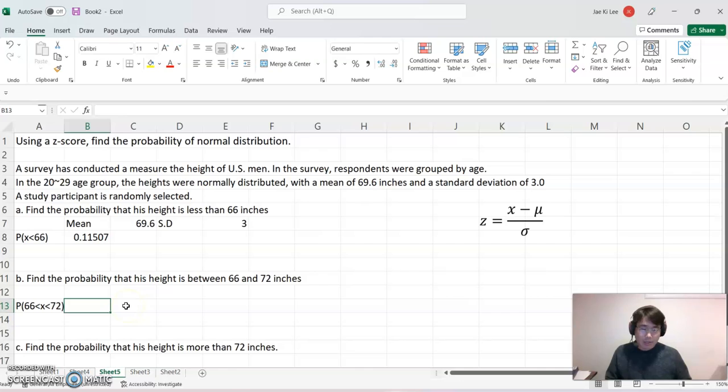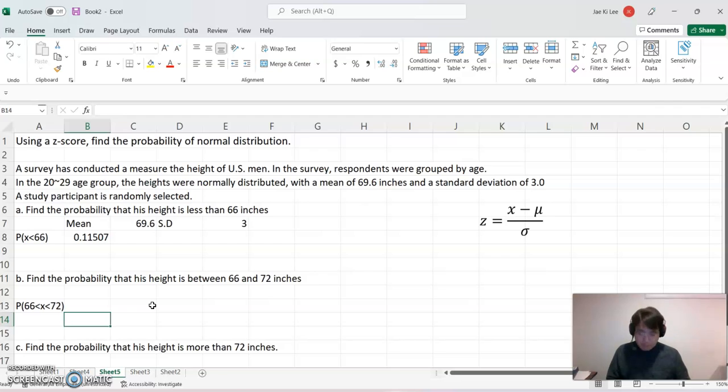Makes sense, right? So I'm going to find the 66 area value and also the 72 area value, and then subtract the smaller value from the bigger value.